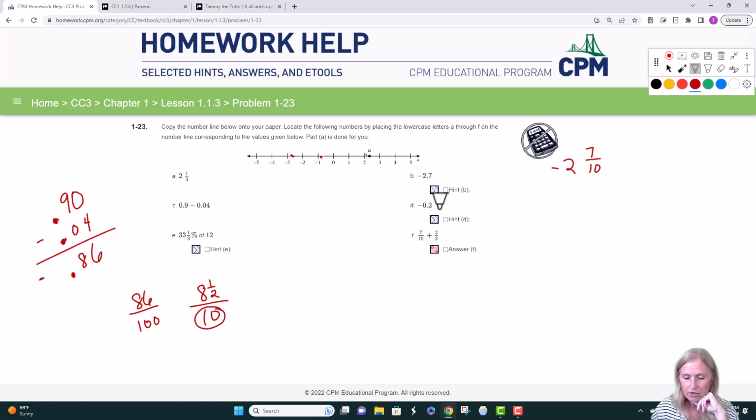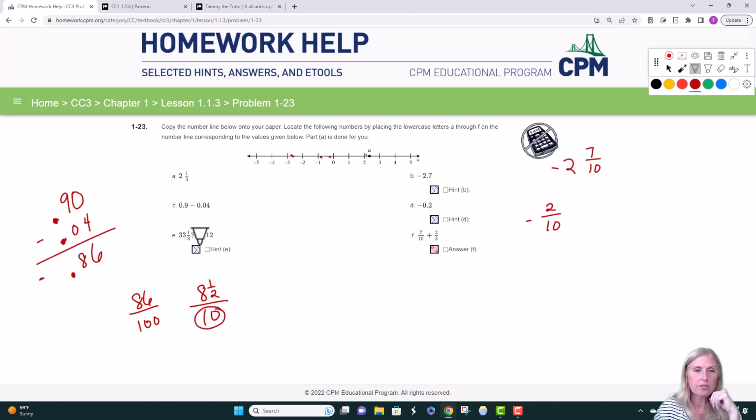So negative 2/10, so negative 2/10. It's not enough to be a whole negative 1 yet. But if it's divided between the 0 and the 1, if it's divided into 10 equal parts, where would the 2 live? And so that would be like 1, 2 right here. It's in the negative 2/10. Okay.